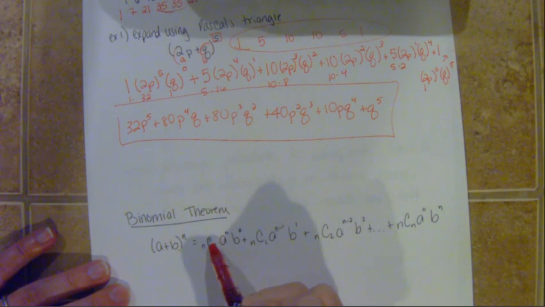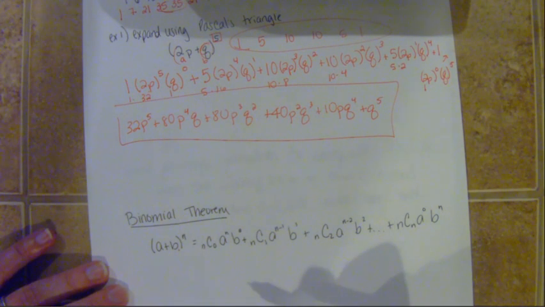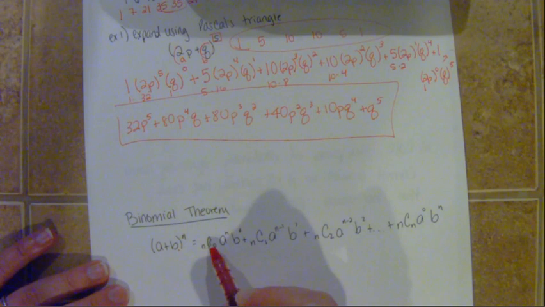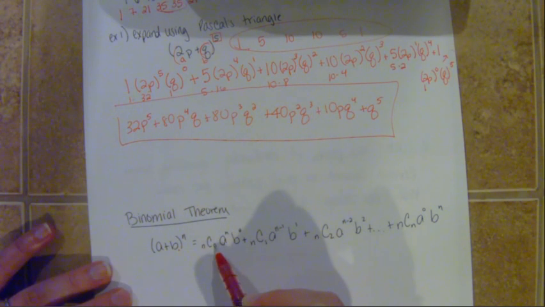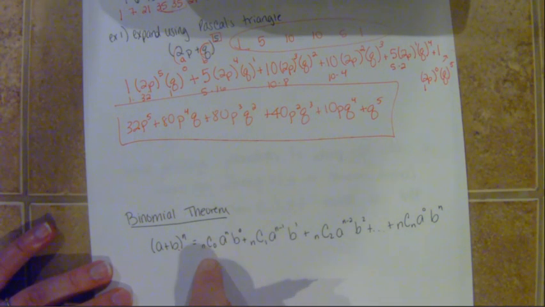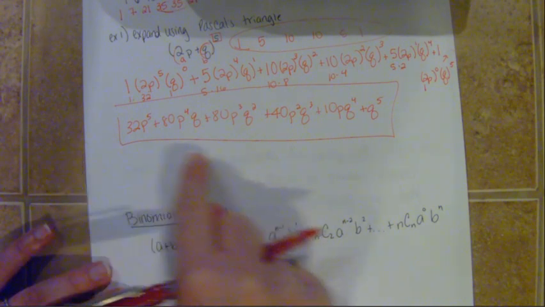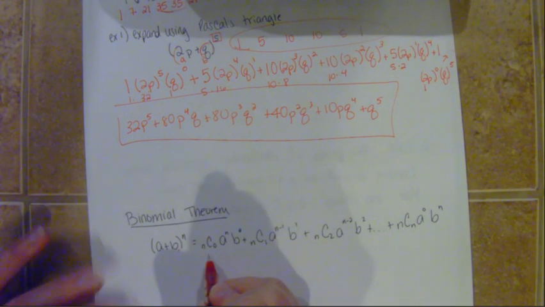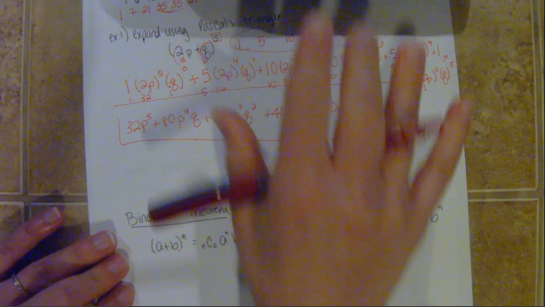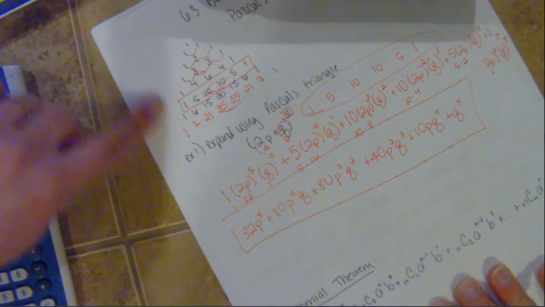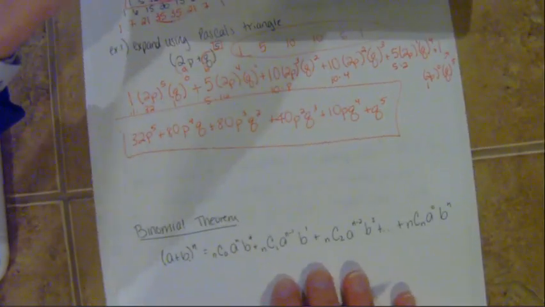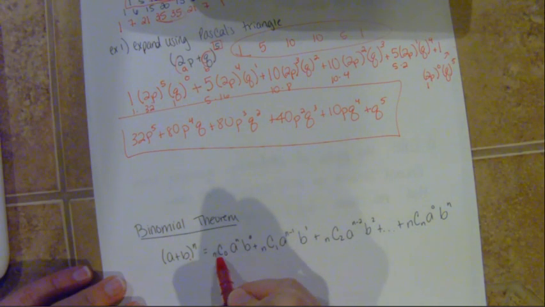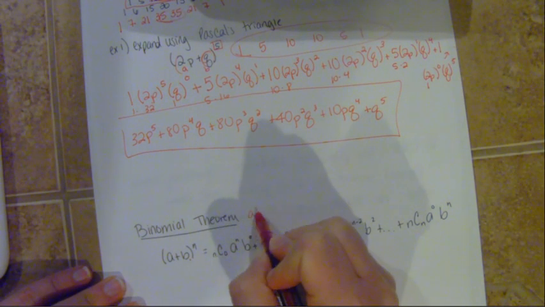Okay, this NC0, if you type 5 choose 0 into your calculator, you're going to get 1. So this is going to give you the first coefficient of your Pascal's triangle. So this is going to always be a 1 because look, in Pascal's triangle, all those coefficients were always a 1. So as we look at this, the binomial theorem gives us the coefficients.